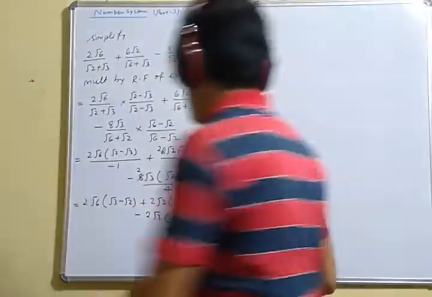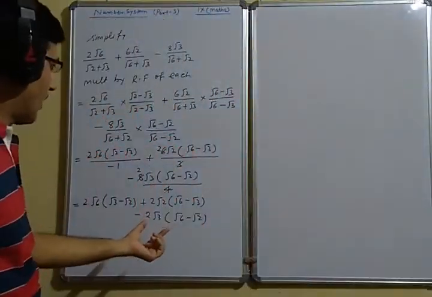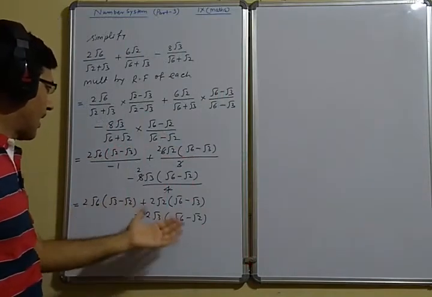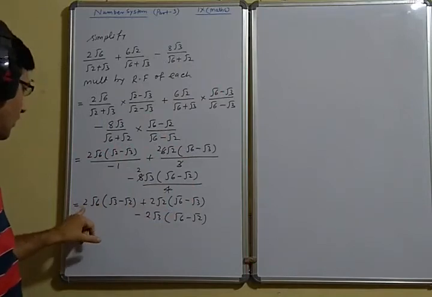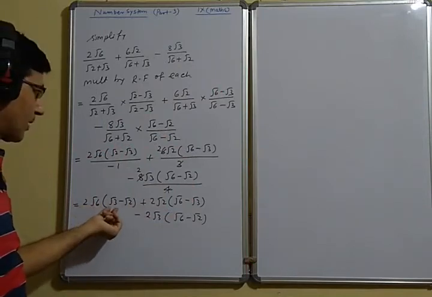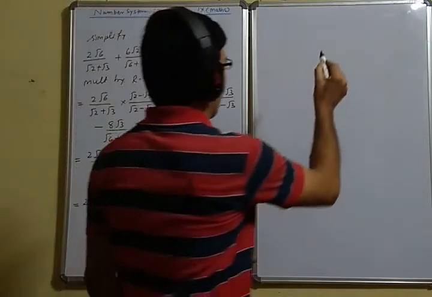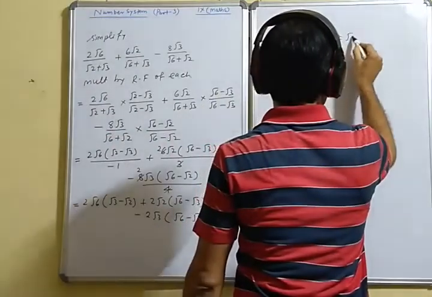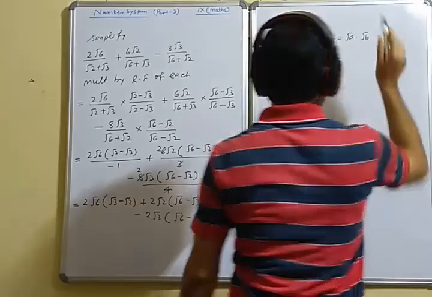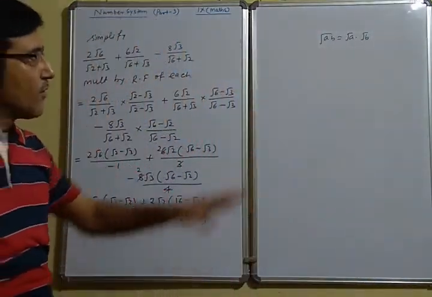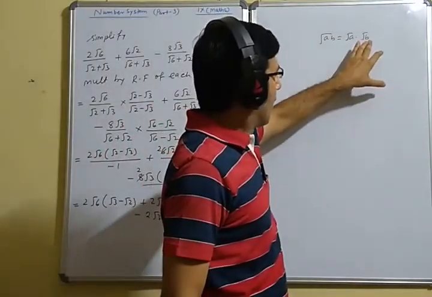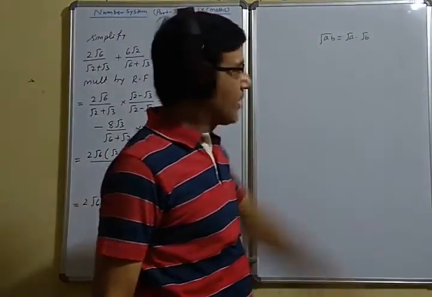Now let us see the simplification of this one, multiplying each by root 6 and root 3. Already we have learned that under root ab is equal to under root a into under root b, if this is true for a and b positive.